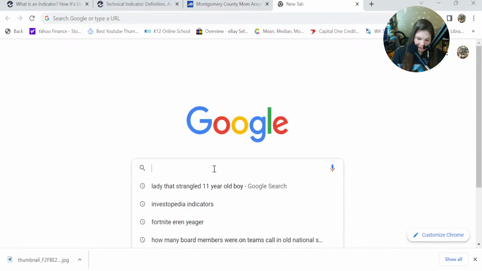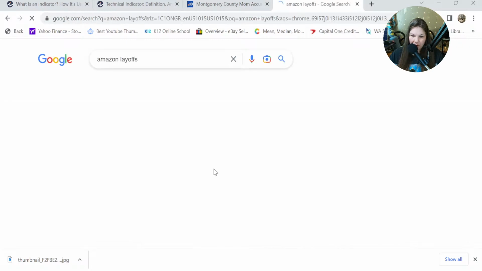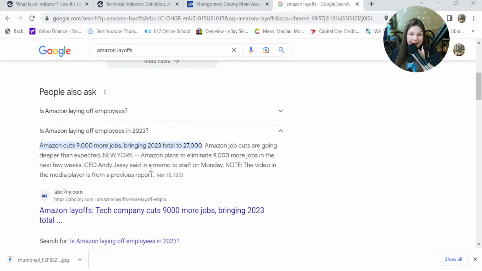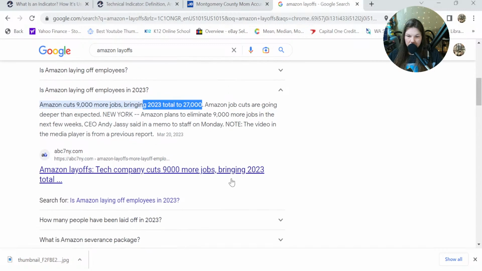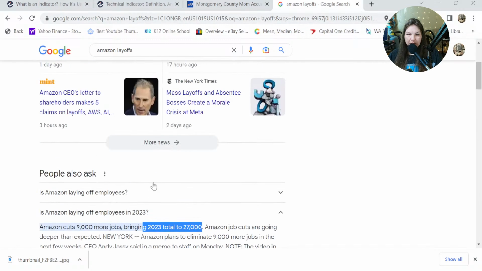The CEO of the company is the head of the company. So let me see. Amazon layoffs. So Amazon's laying off 9,000. So 27,000 jobs by 2023, guys. Wow. 27,000 jobs, guys. 27,000 people.